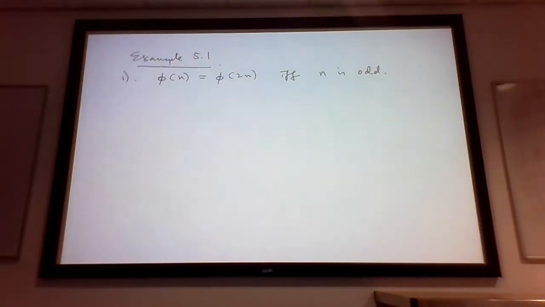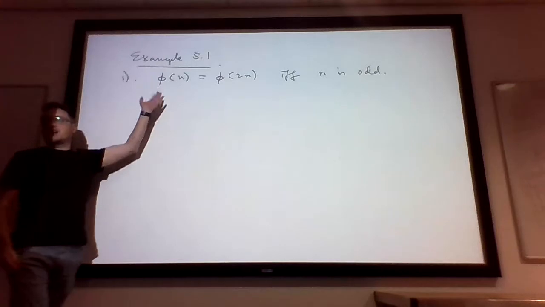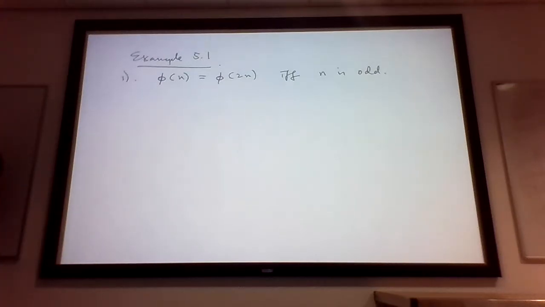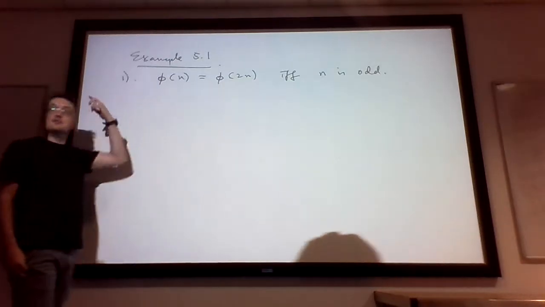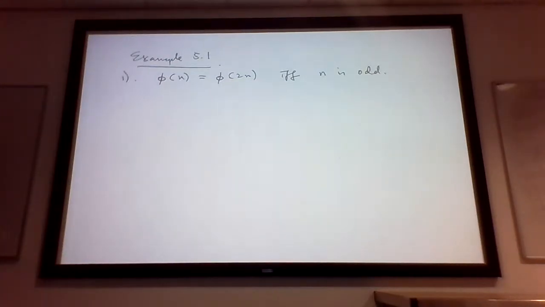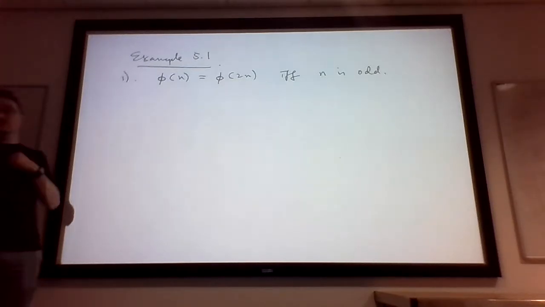Whenever you've got, say, the multiplicative group of congruence classes modulo 25, and 25 is an odd number, this is telling us straight away that the multiplicative group of congruence classes modulo 50, which is 2 times 25, will have the same size.